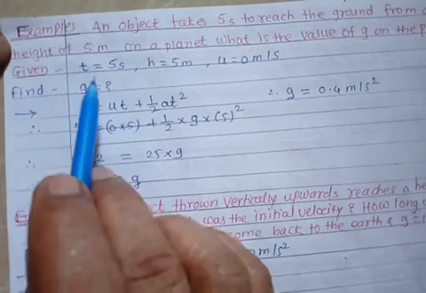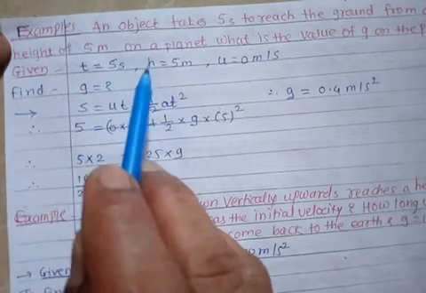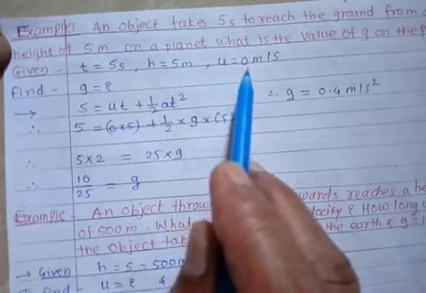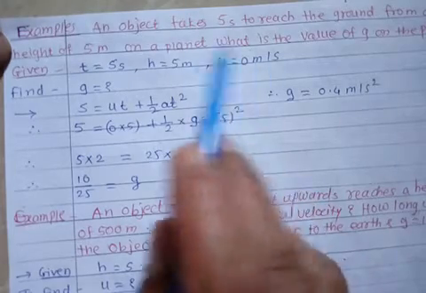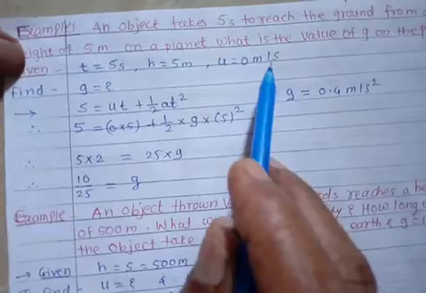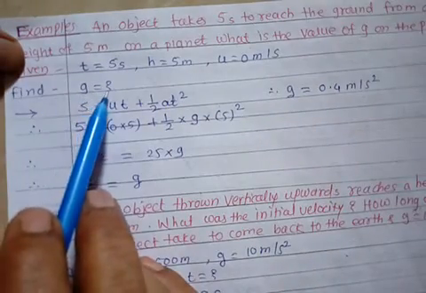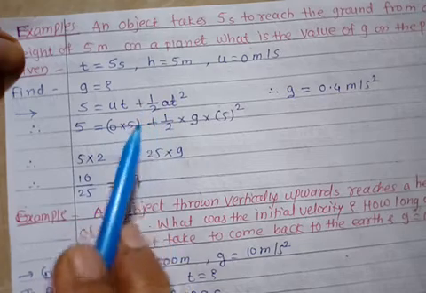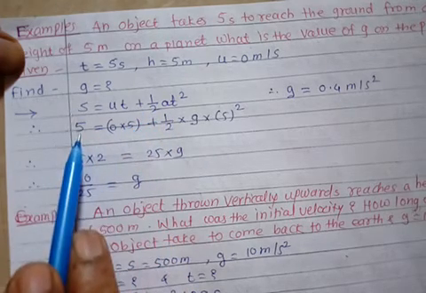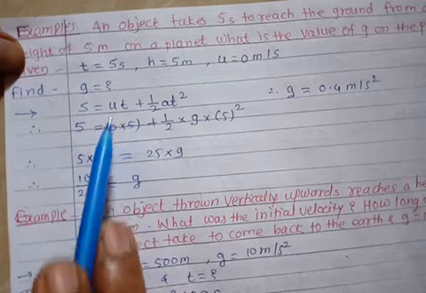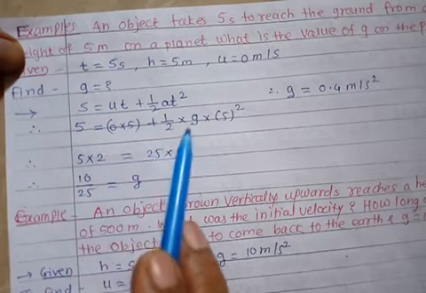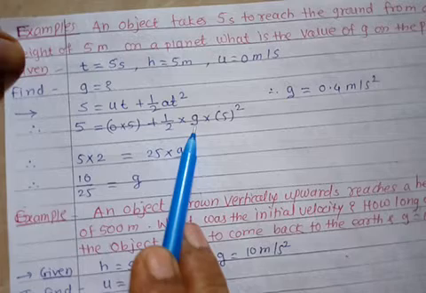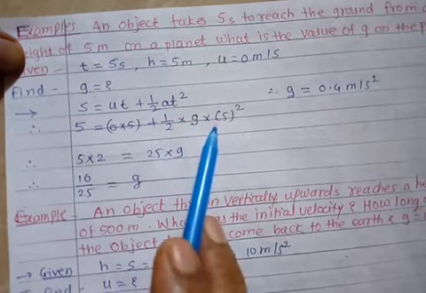You are given that t equals time, 5 seconds, height h equals 5 meter, and u equals 0, that is the initial velocity, u equals 0 meter per second. Therefore you have to find g. The formula is s equals ut plus 1 half at square. S means height 5, u is 0, into 5, plus half, a means g, g means gravity, and t means 5 square.